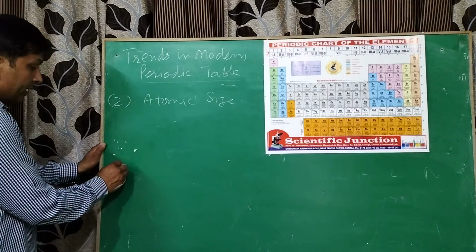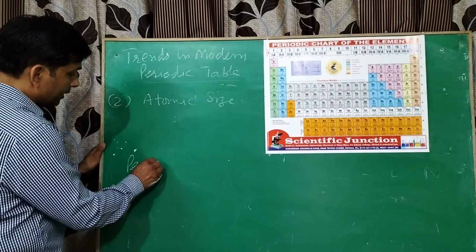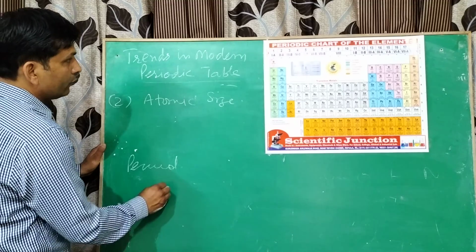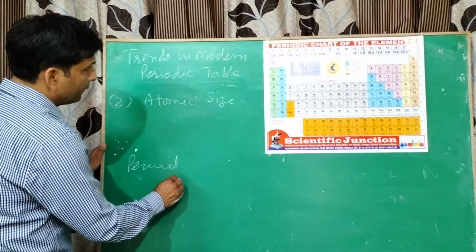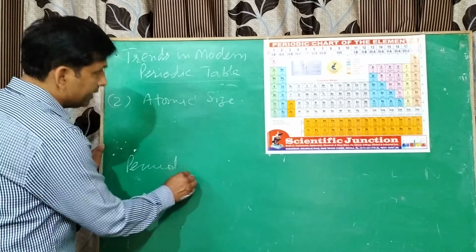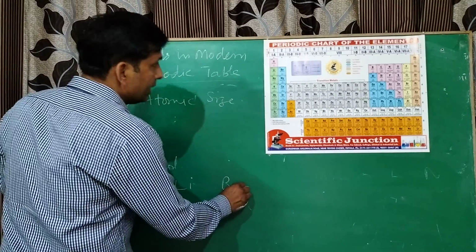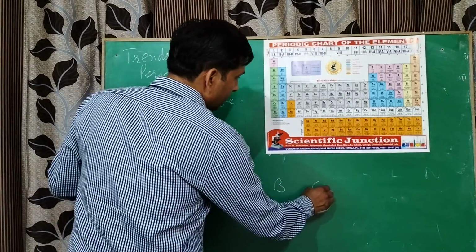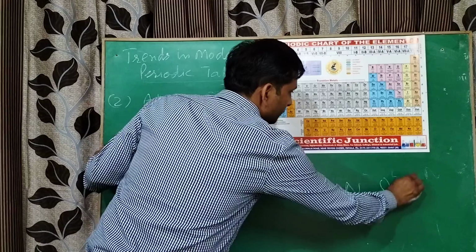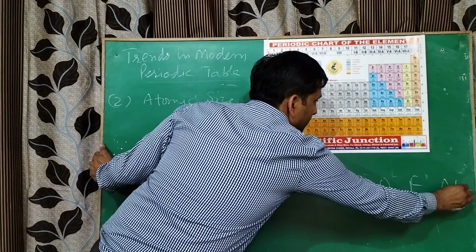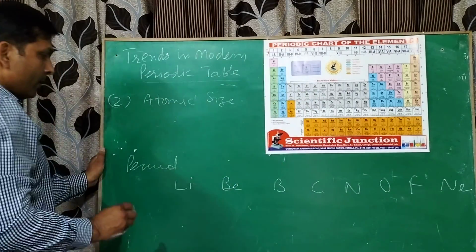And let's talk about the period. Let's take the example of the second period: lithium, beryllium, boron, carbon, nitrogen, oxygen, fluorine, and last neon.